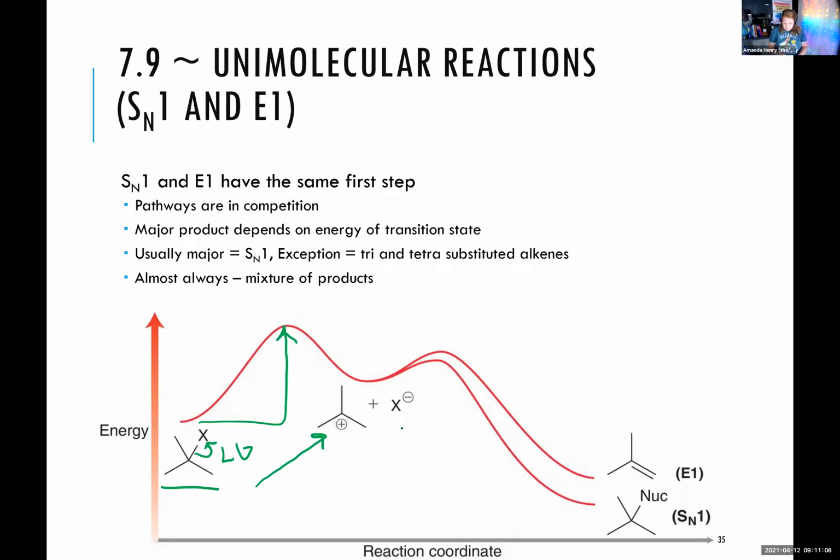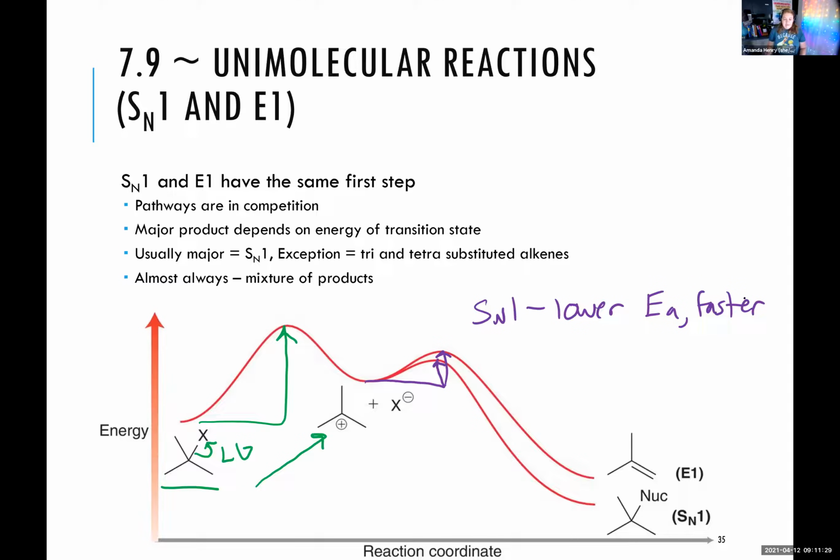So here's where they're different though. They definitely have different activation energies. Notice that the Sn1 has a lower activation energy, so that means it's going to be a faster reaction.